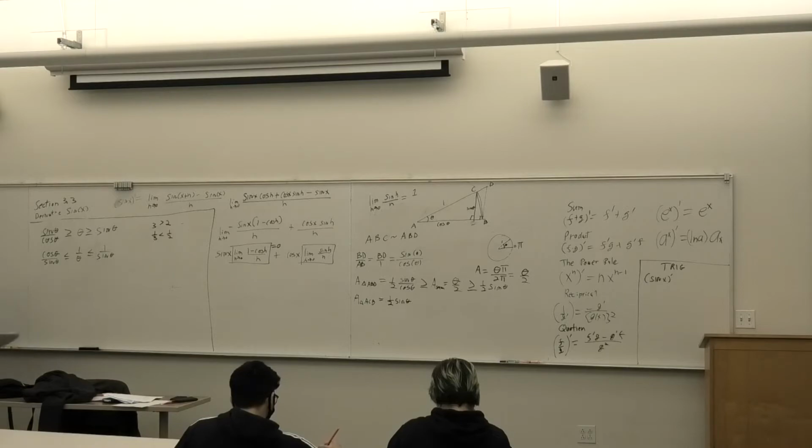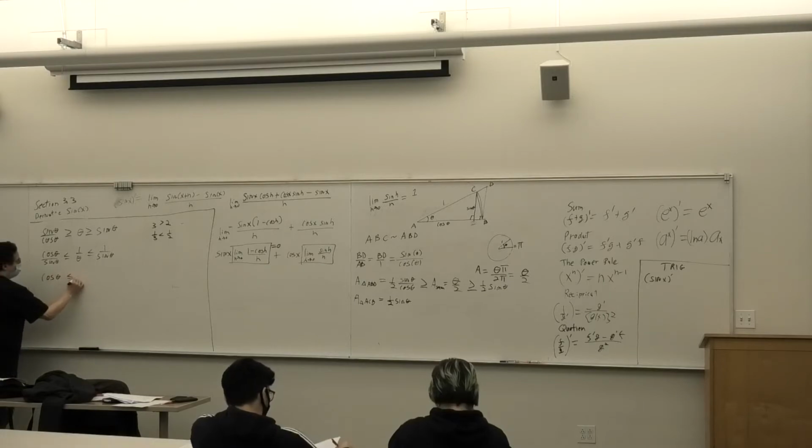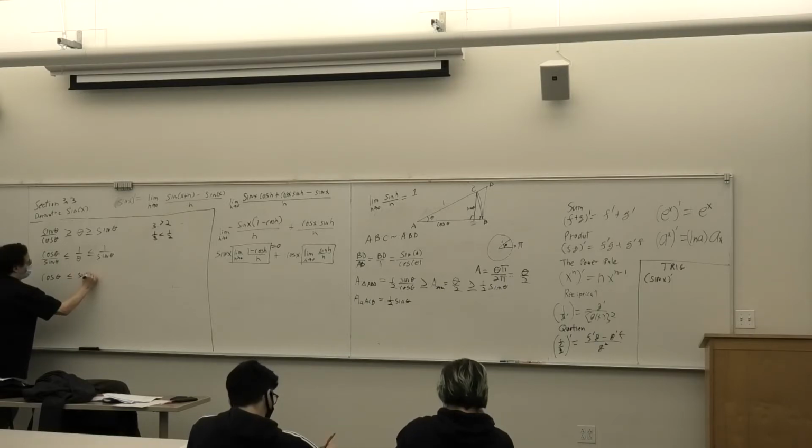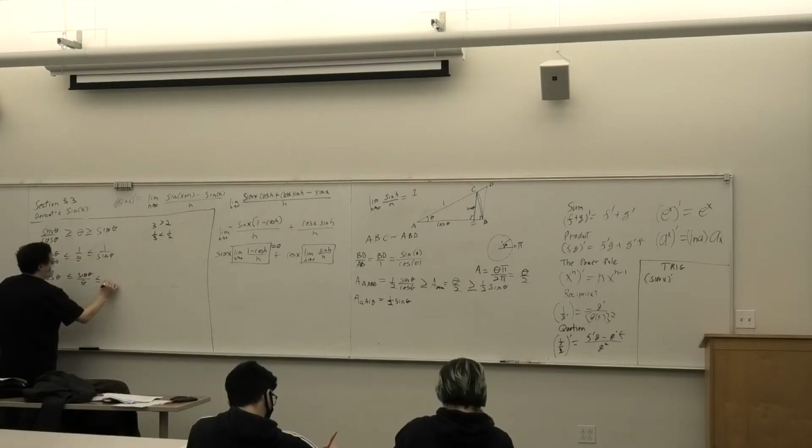And then I'm going to multiply through by sine theta. So I get cosine theta less than or equal to sine theta over theta less than or equal to 1.